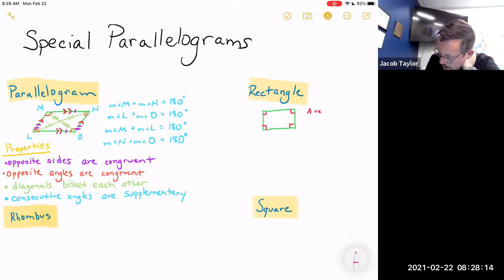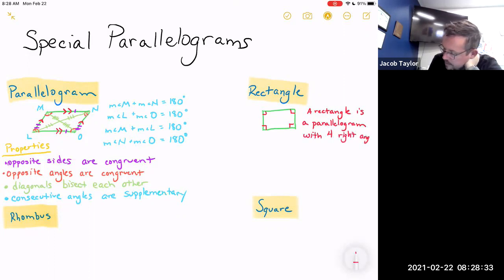A rectangle is a parallelogram with four right angles. And remember, kids, if it is not a right angle, it is a wrong angle.